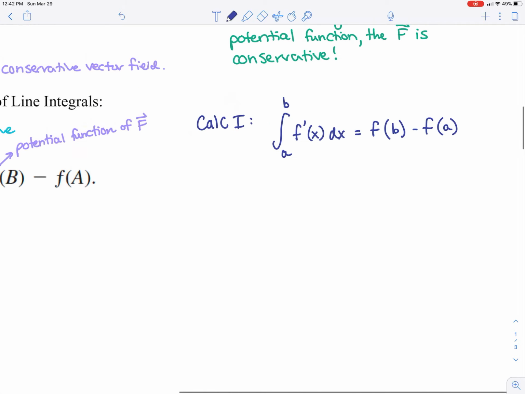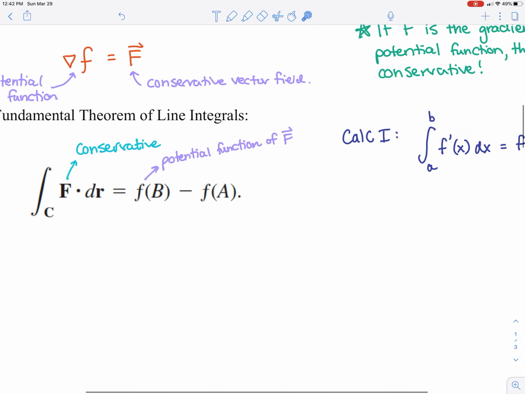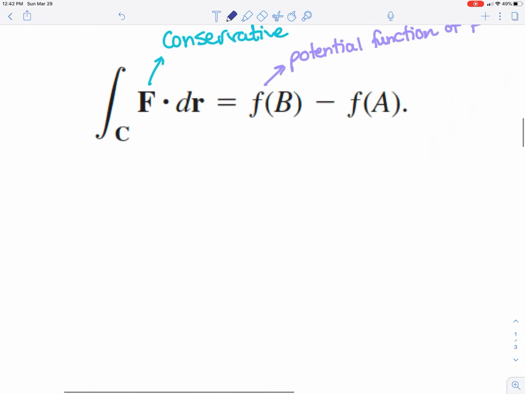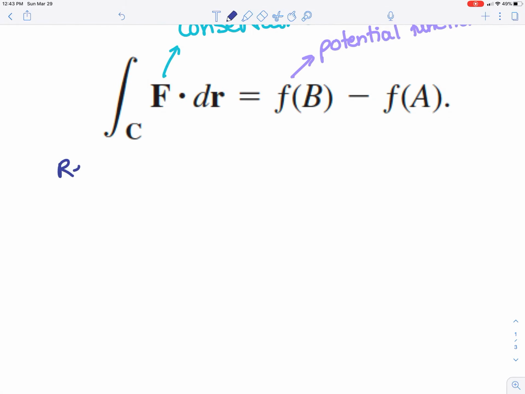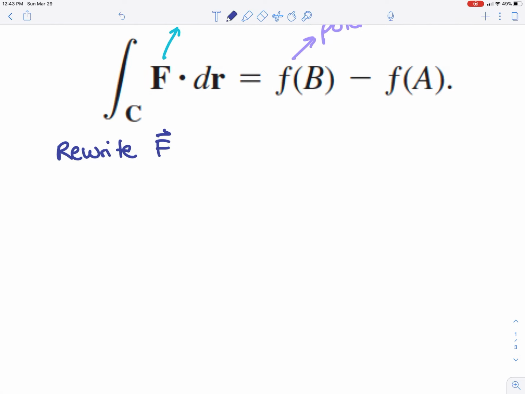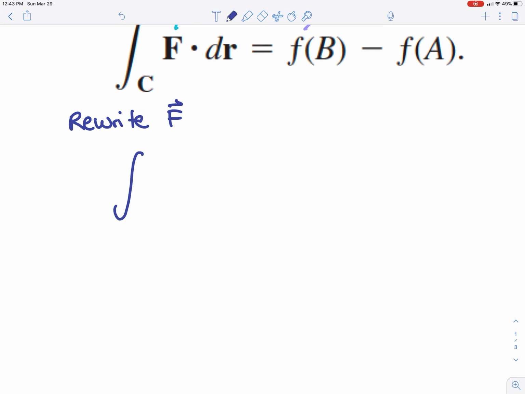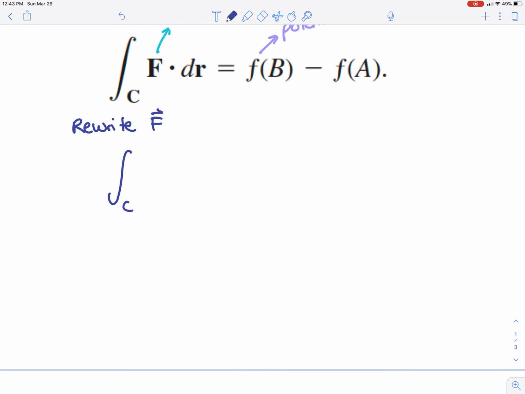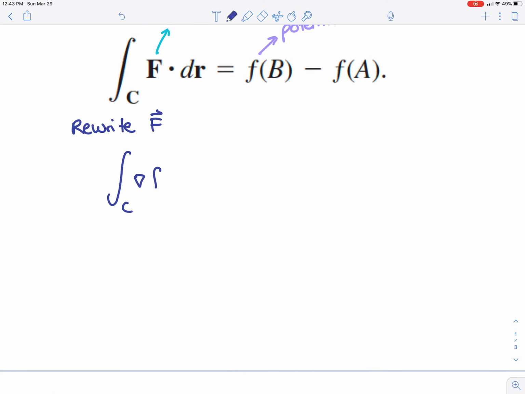And you can see that this formula from Calc 1 looks kind of similar to the fundamental theorem of line integrals. If I rewrite it this way, let me rewrite f to be the gradient of something. That would be the line integral of the gradient of some potential function dot dr is equal to that potential function evaluated at the endpoint minus the potential function evaluated at the starting point.